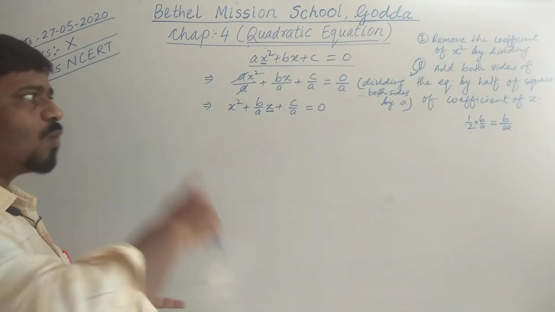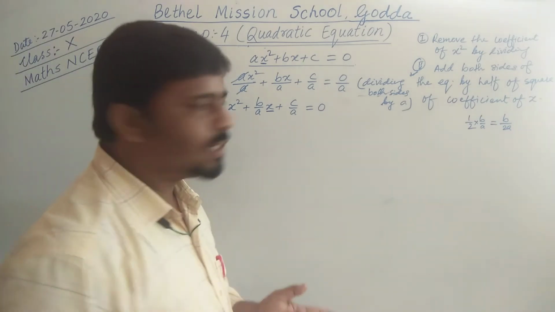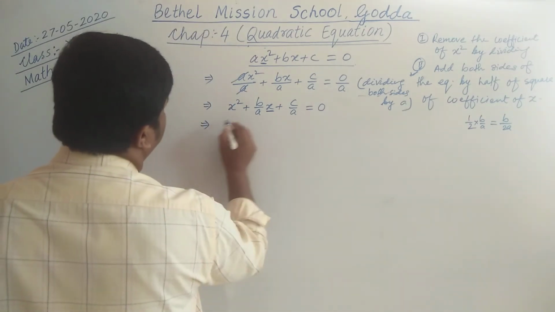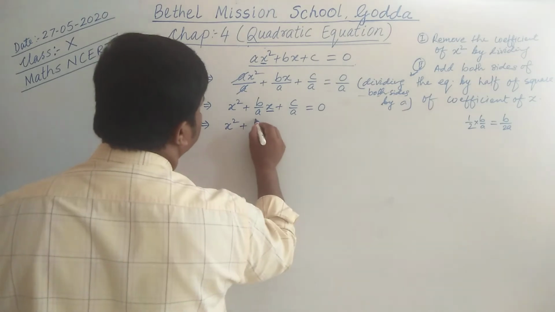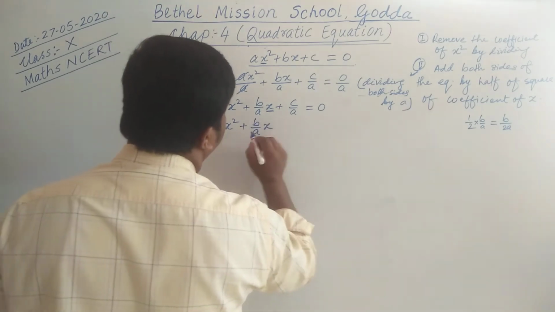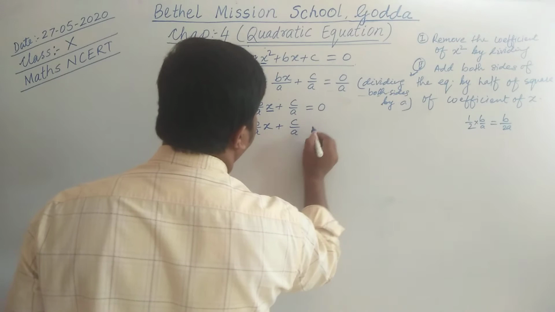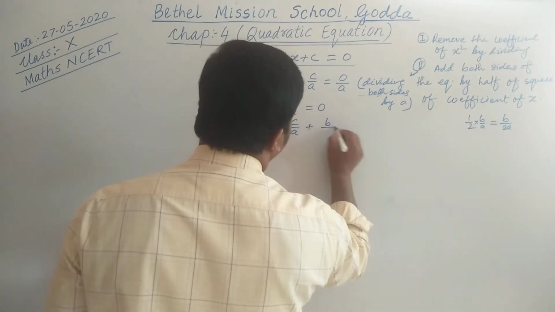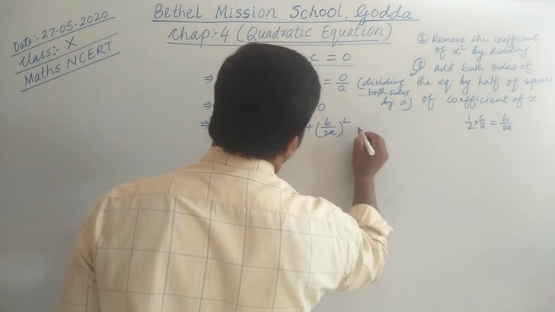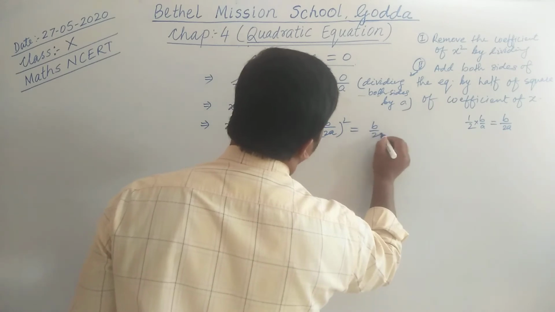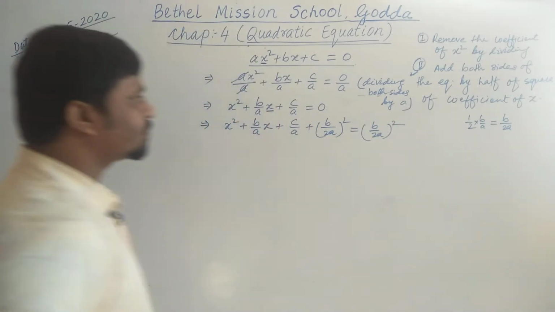So the square of b by 2a will be added to both sides. So what will be? X square plus b upon a into x plus c upon a plus b by 2a whole square equal to b by 2a whole square.